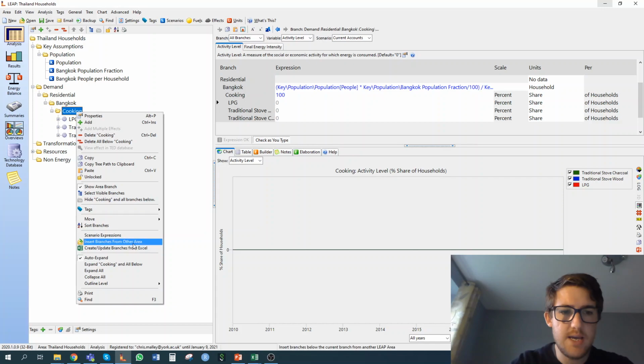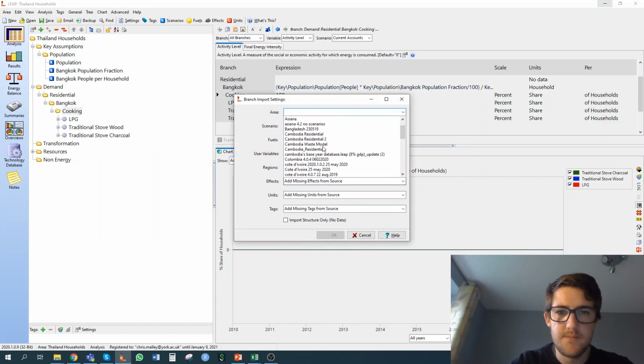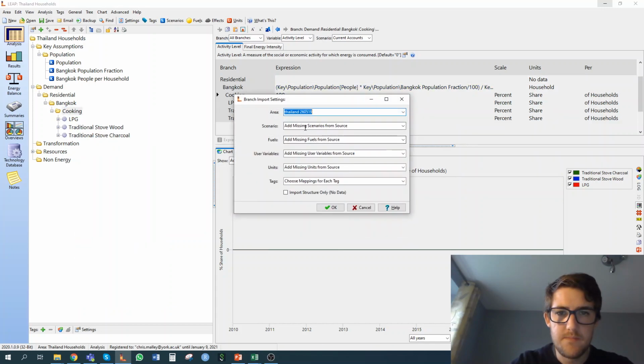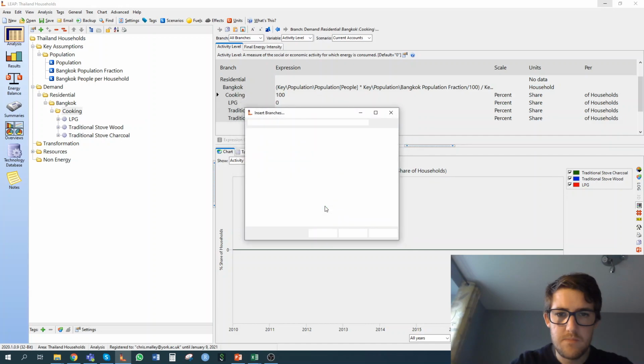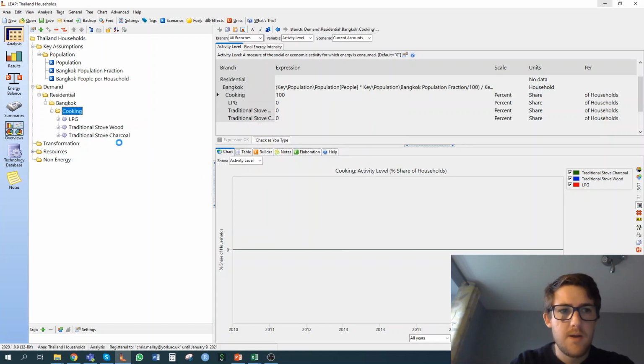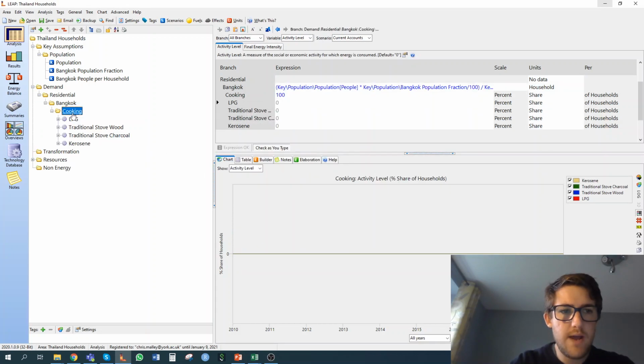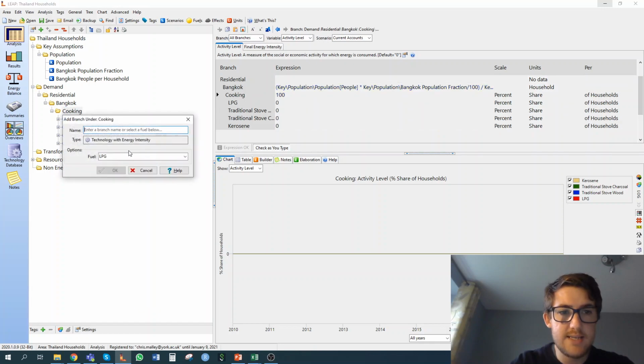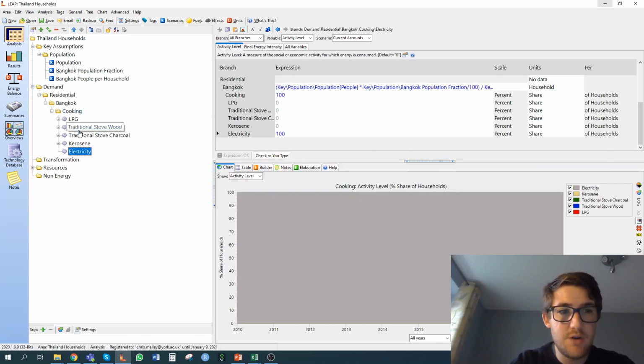And I can do the same for kerosene. For electricity, I'm just going to click Add, and I'm just going to type in electricity. There are no emissions, so I don't have any emission factors to put in.